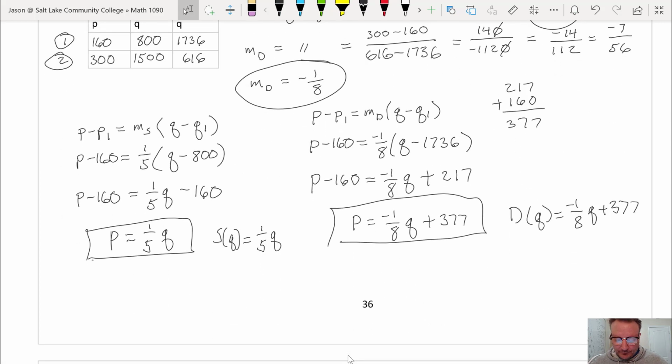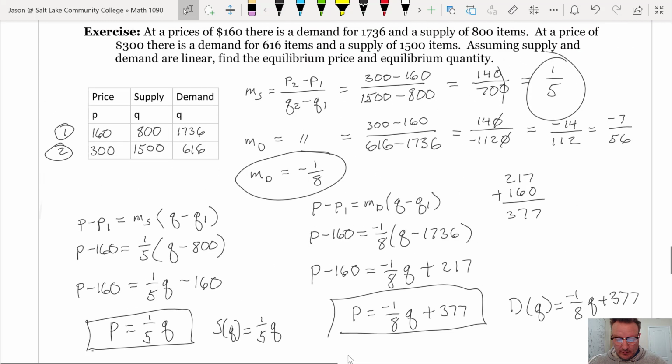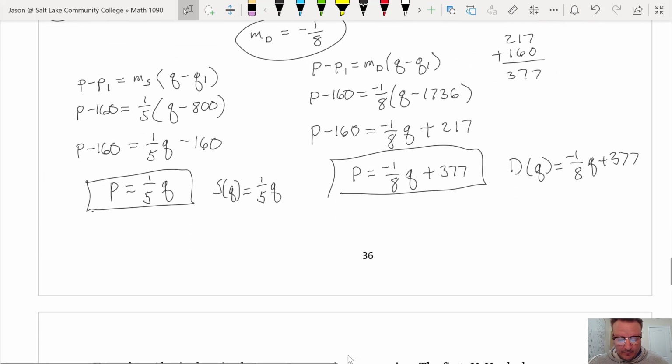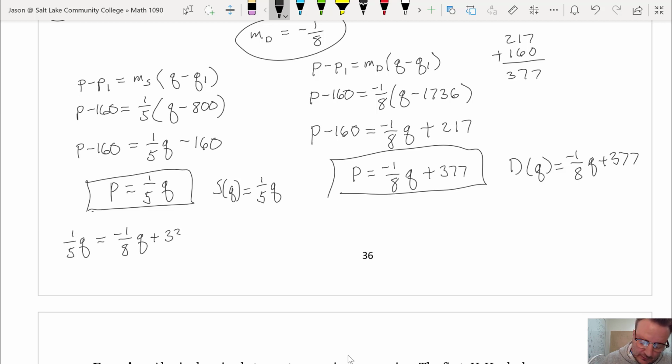Okay, we're not done yet. What we need to do is set these two functions equal to each other and find the quantity at which they're equal. So we want to solve 1/5 Q equals negative 1/8 Q plus 377. Okay, I will add 1/8 Q to both sides of the equation, and I get 1/5 Q plus 1/8 Q equals, oh, this should be 377, sorry. 377, I don't know what I did there. 377.